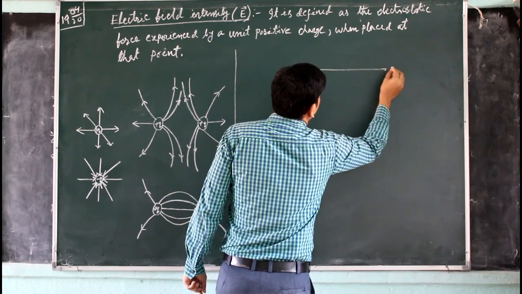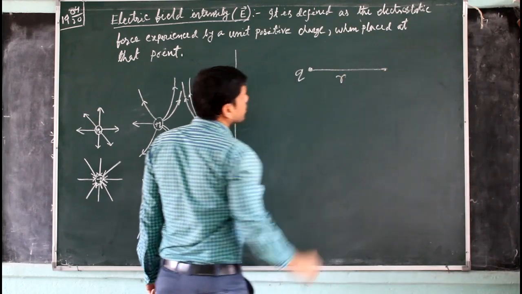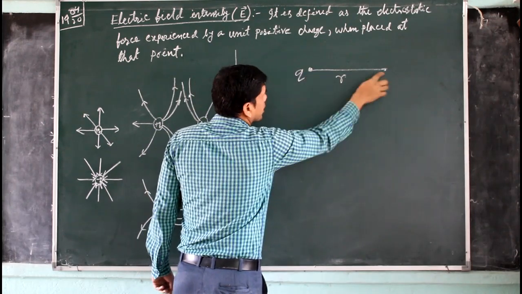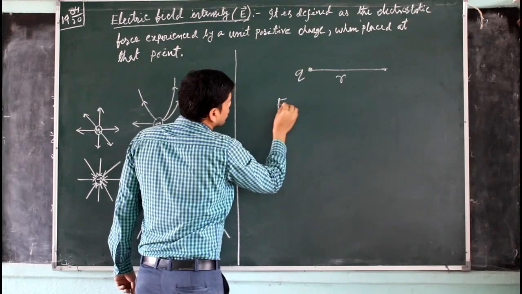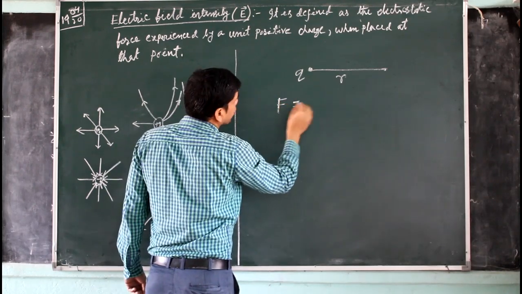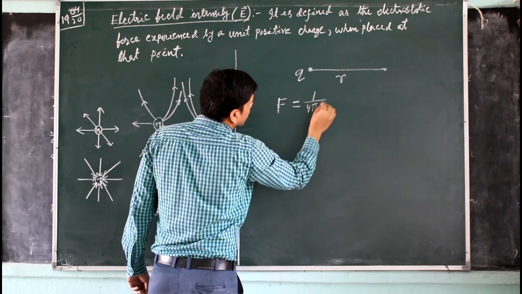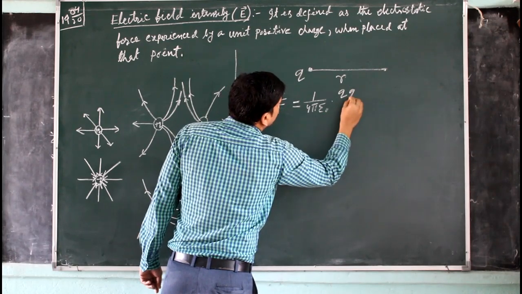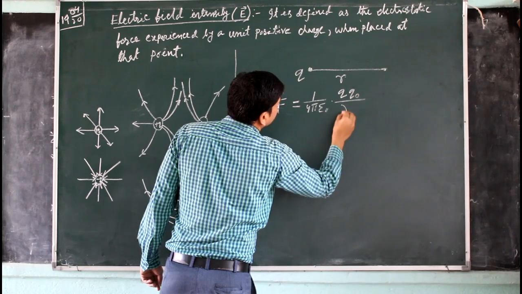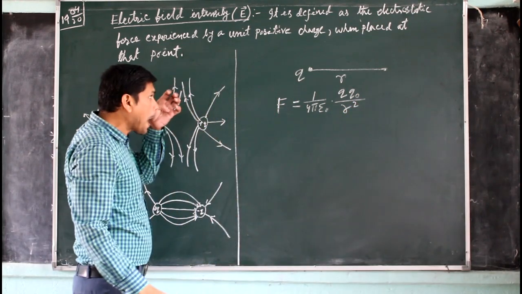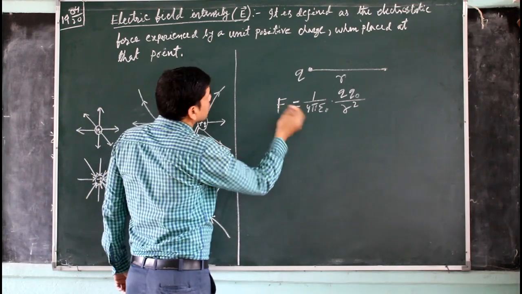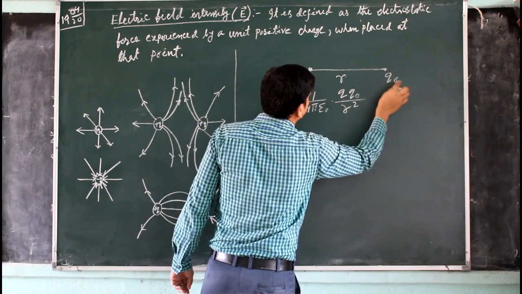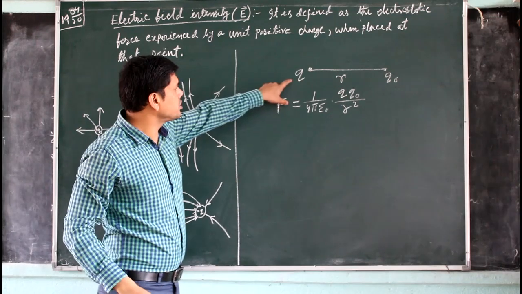So mathematically, the force experienced at a distance r, the force experienced due to this Q charge at this point, according to Coulomb's law, the magnitude of the force F equals 1 by 4 pi epsilon naught Q Q naught by r square. This is the force experienced by this Q naught charge when it is placed at r distance from this Q charge.